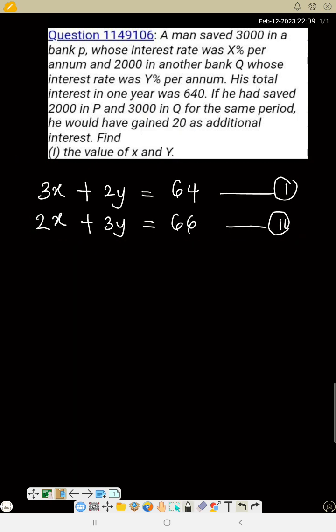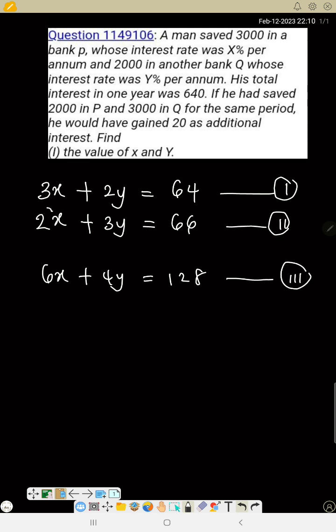So we can use the elimination method. Multiply the two coefficients together. So multiply equation 1 by 2. So we have 6x plus 4y, that is 2 times 3, 2 times 2, and 2 times 64. So 6x plus 4y equals 128, equation 3.